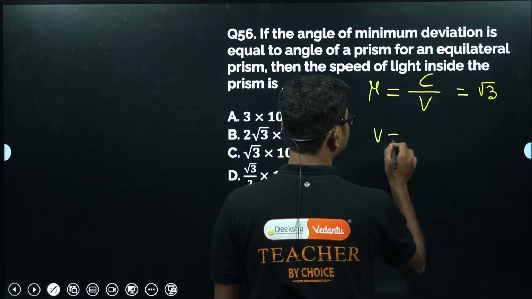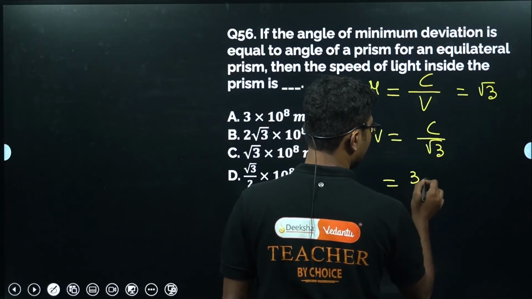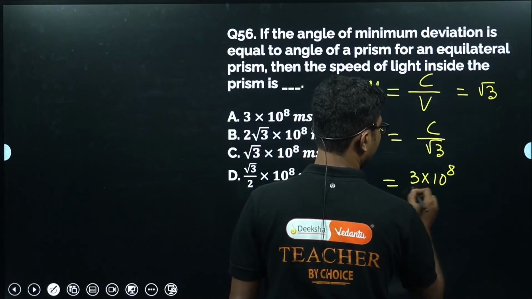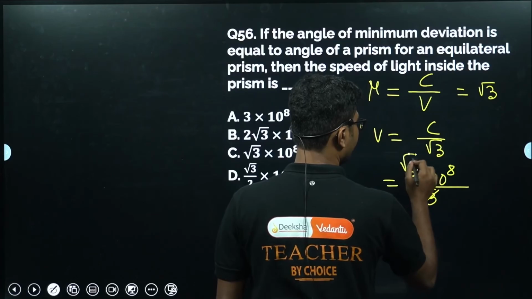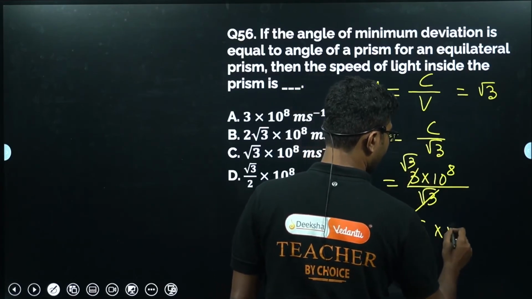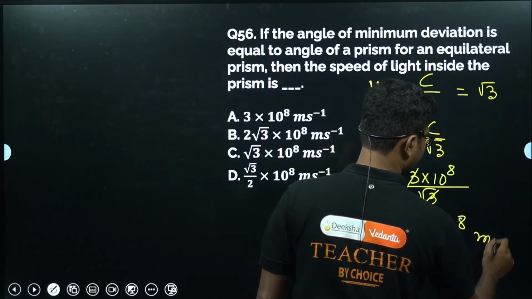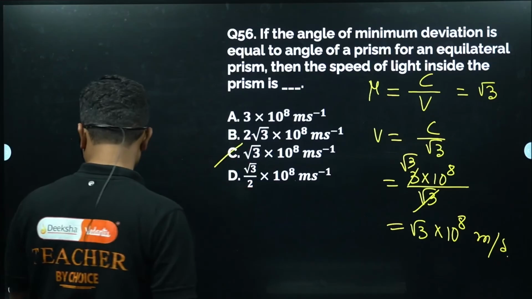So V will be C by root 3. Now C is 3 times 10 to the power of 8 divided by root 3, root 3 cancels. So it will be root 3 times 10 to the power of 8 meter per second. So the correct answer is this.